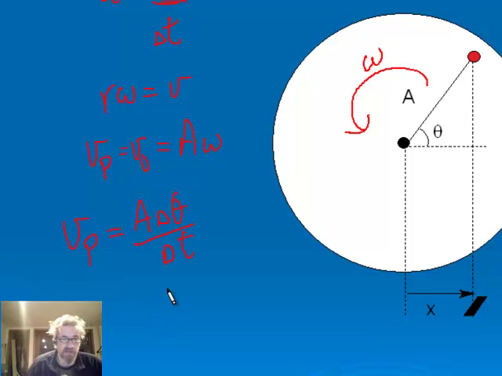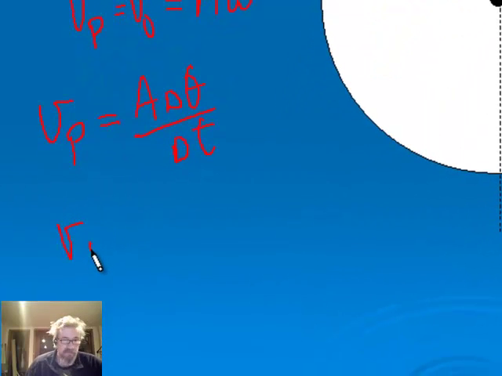What we're really trying to find here is the period, and the period is the time that it takes to do one revolution. So in one revolution, delta theta is 2 pi, so let's plug that in here. Velocity of the pin is a times 2 pi over, well, the time for one revolution is the period, capital T, which is what we're trying to find.